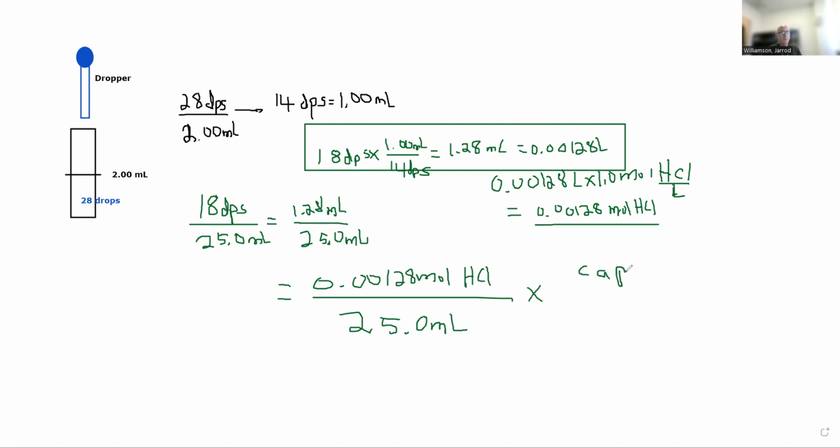The buffer capacity, I'll call it cap, is how many moles it takes to do 1 liter or 1,000 milliliters.